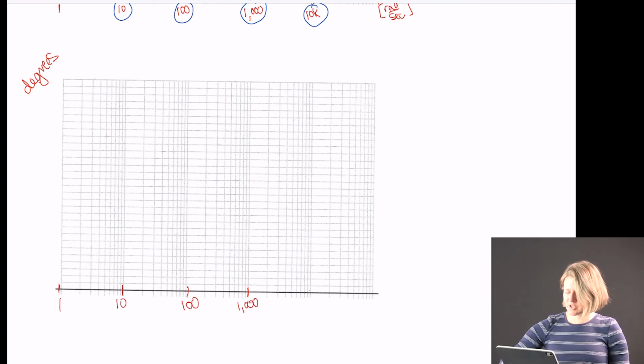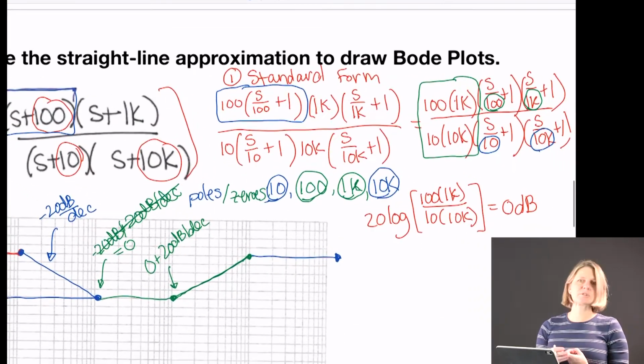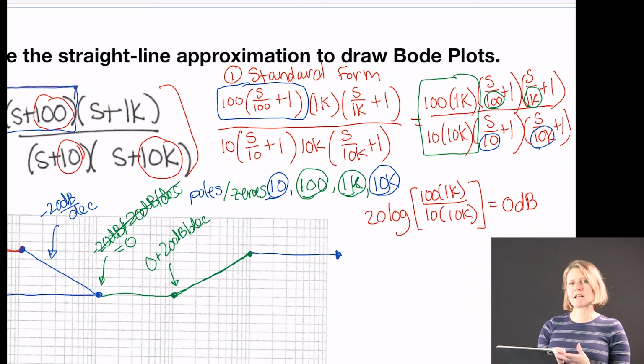And this position, again, remember, is the location where right after it is the largest gap. And so we first need to find our starting slope. So we go back to our standard form equation, and there's no poles or zeros at the origin, and we have no negative for that coefficient out in front. So we have a 0 degree starting slope, and now we want to mark each region.